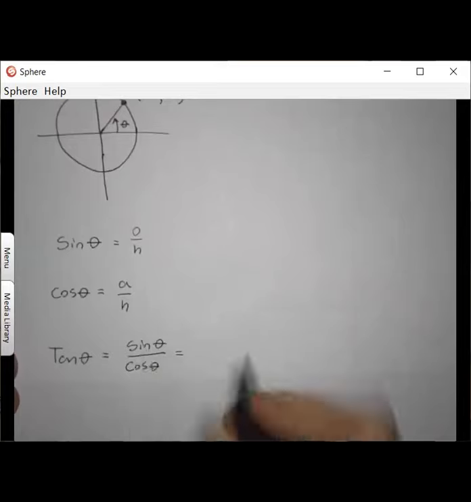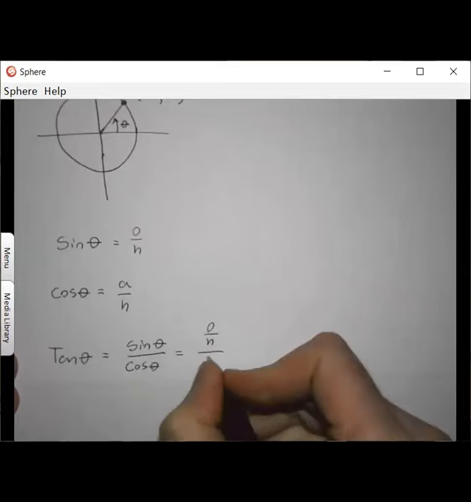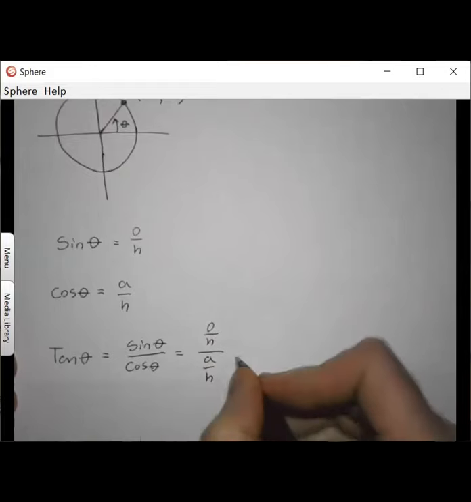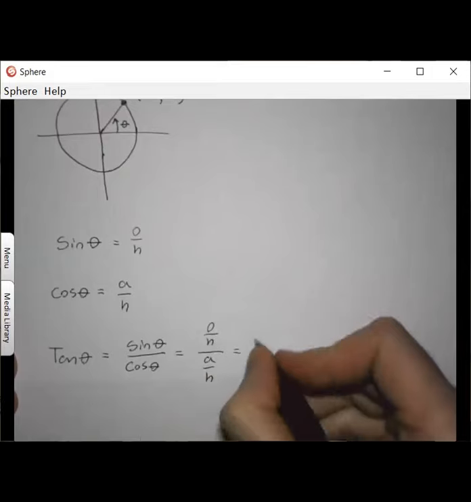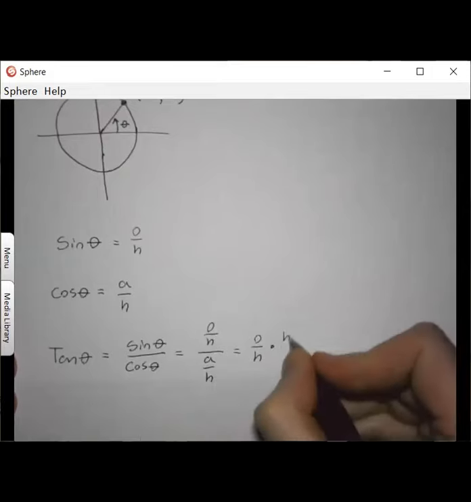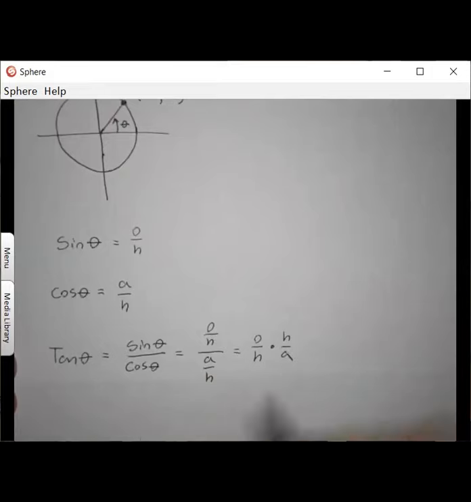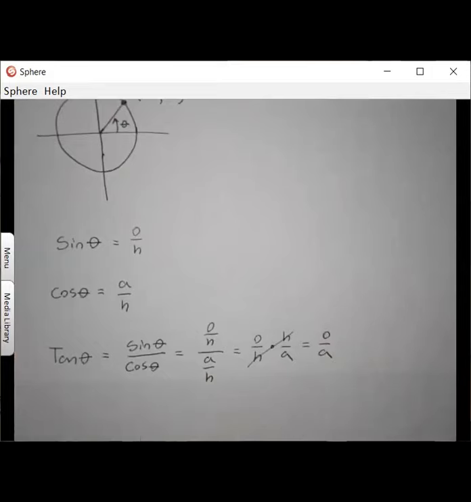Sine is opposite over hypotenuse, cosine is adjacent over hypotenuse. Well, fraction divided by a fraction: stay, change to multiplication, reciprocal. Hypotenuse over hypotenuse cancels, and we're left with opposite over adjacent, which is tangent.